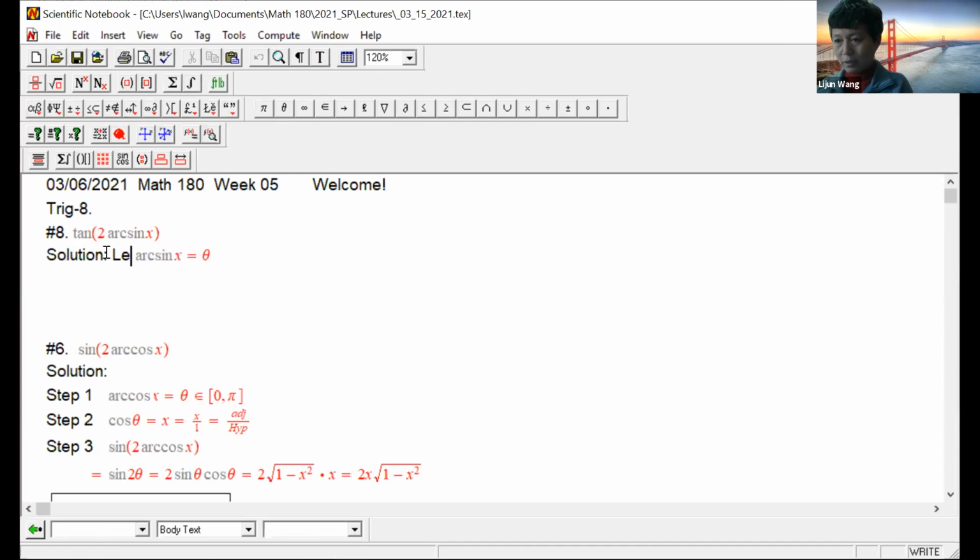You can say let, right? Then you say, well, where does theta belong? What can theta be? That will be given by the range of arc sine. What is the range of arc sine?